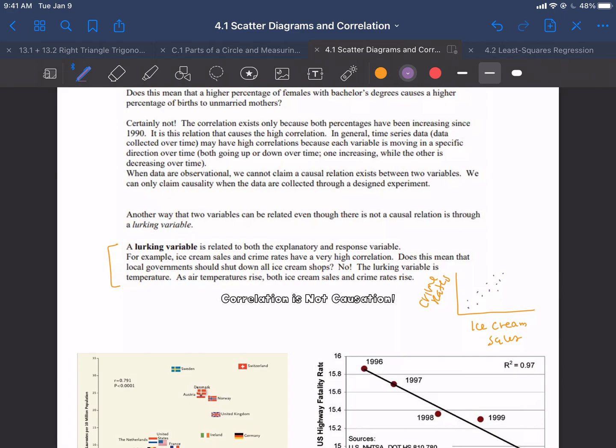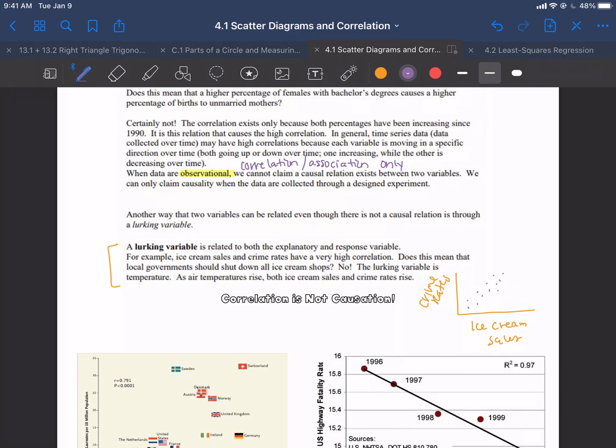So remember, when data is observational, that would be correlation or association only. Okay, so when you're just observing something, things could only be happening because they're associated.